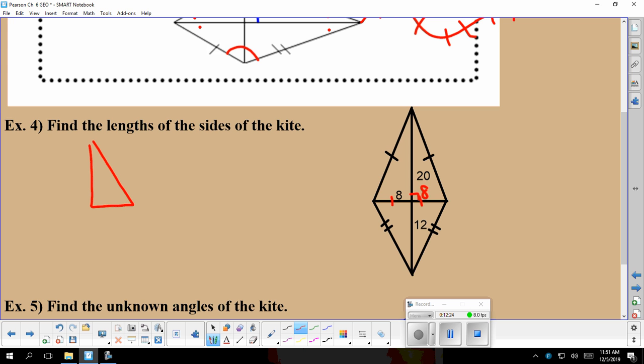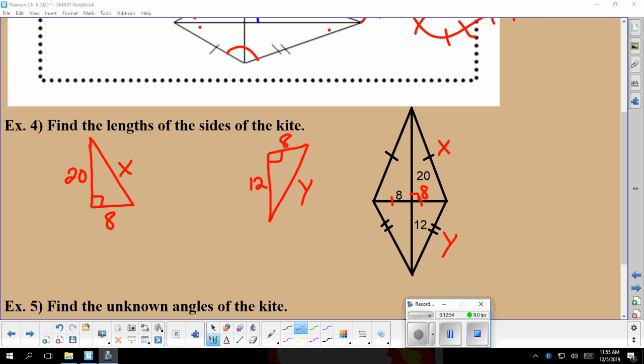We'll make this x and this y. Whenever I have a right triangle and I want to solve for those missing sides, I'm going to use my Pythagorean theorem. So go ahead and set up and solve your Pythagorean theorem. You should have a calculator handy.